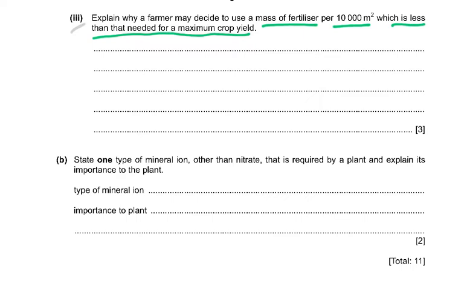So what is absorbed is fine, but what is not absorbed is going to be leached out, washed by rain into lakes and rivers and ponds, and then it is going to cause eutrophication. And when there's eutrophication, there's harm to animals, or the fish are going to start to die. Moreover, the fertilizer costs a lot of money, so it could be a high cost, or it could be very, very expensive.